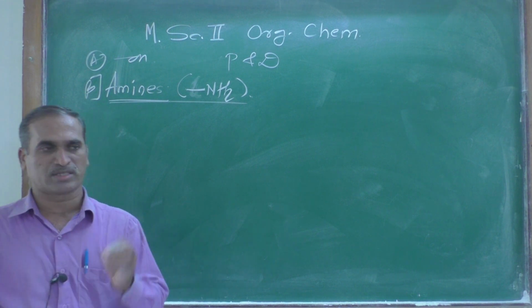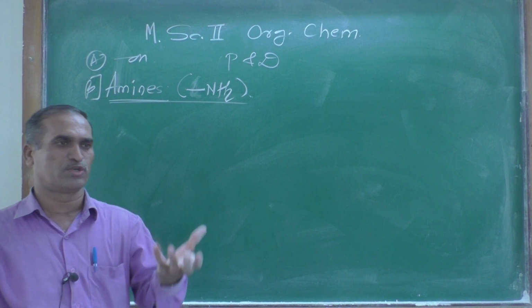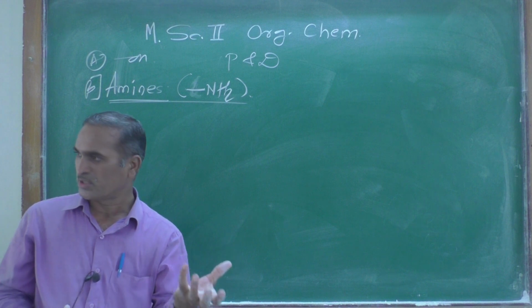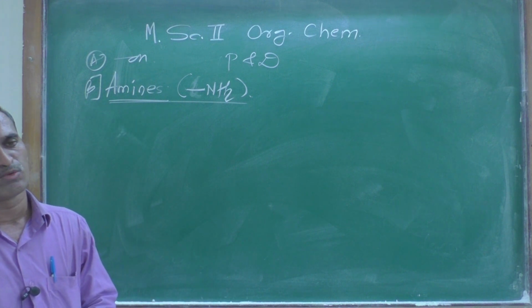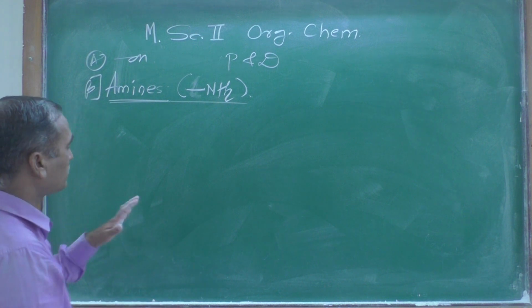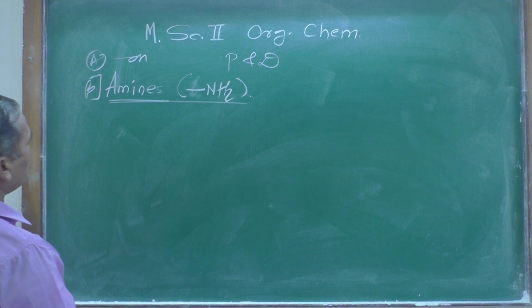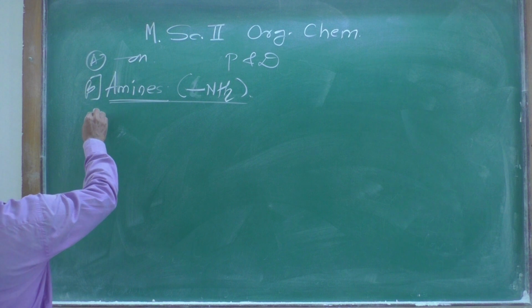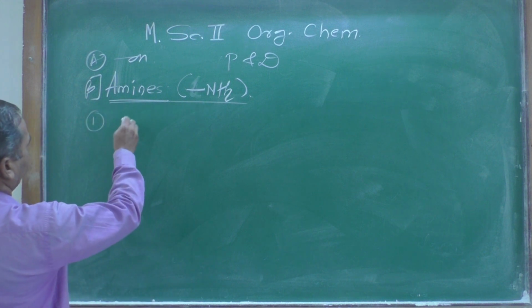Because according to Lewis theory, they are capable of donating a lone pair, because nitrogen contains a non-bonding electron pair, and therefore it can readily donate, and that's why amines are basic in nature. Now, for amines, the first protecting group we are going to learn is benzyl chloride, right?